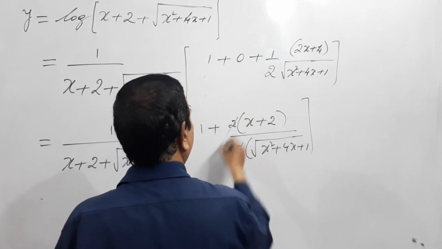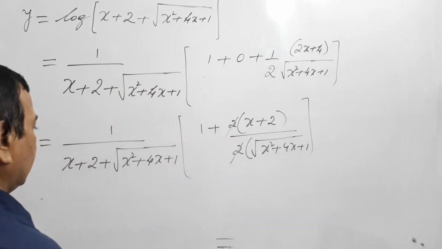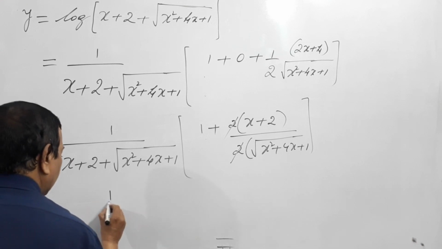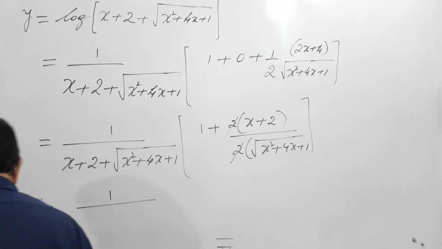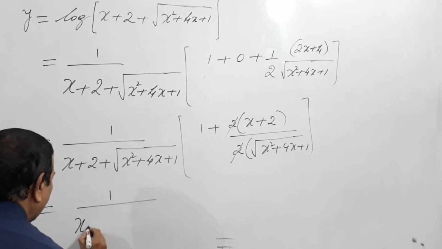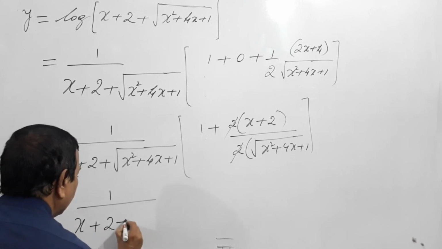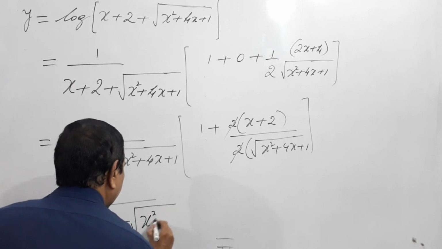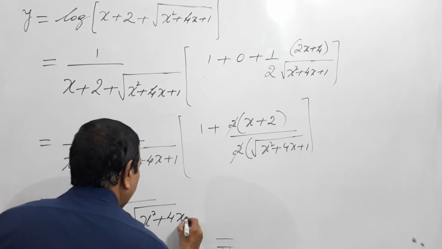So this 2 cancels. So this equals 1 by x plus 2 plus under the root x square plus 4x plus 1.